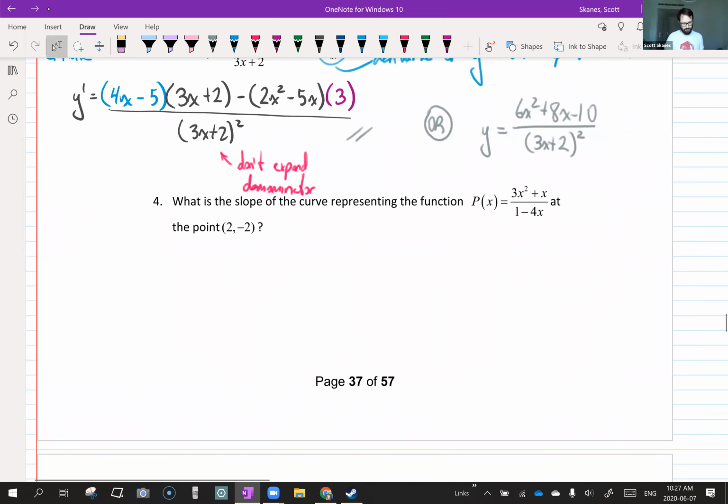So in this case, we have another question that says, what is the slope of the curve at a point? We already did one just like this. The steps are still the same. So the first step is always to get the derivative. The difference now is before we did product rule, this time it'll be quotient rule. And then the second step is to substitute in x.